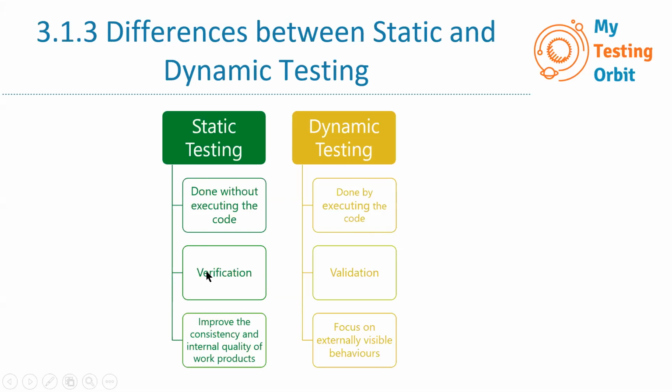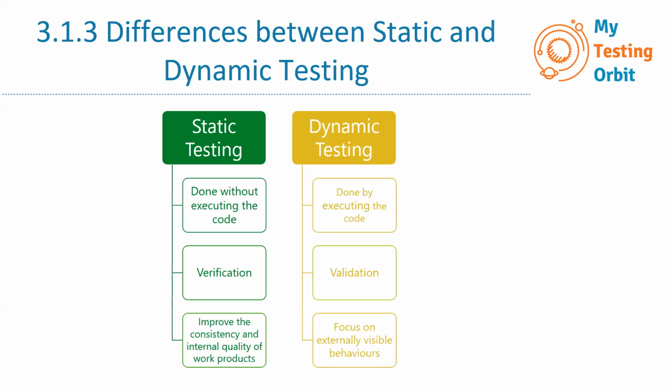Static testing covers the verification part of the software, while dynamic testing covers the validation part. We can also say that static testing is more like prevention of defects, while dynamic testing is more cure, that we find the defects which have already been introduced in the code, and then we get them fixed.